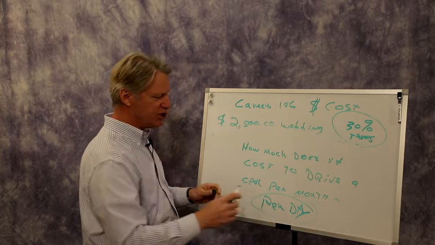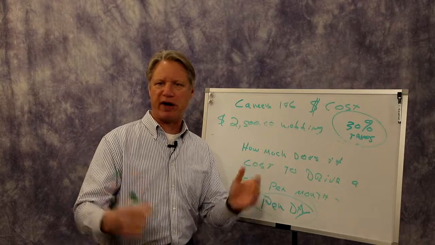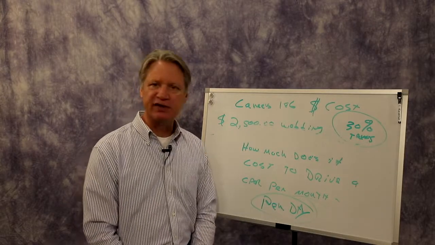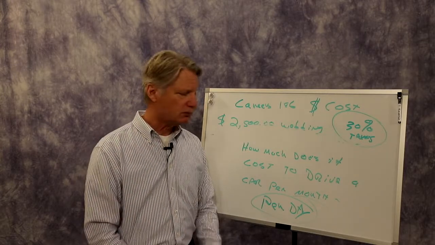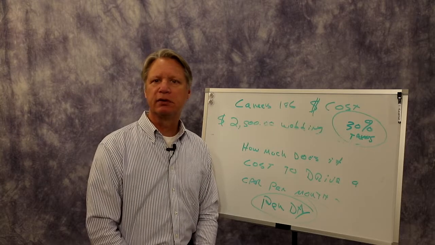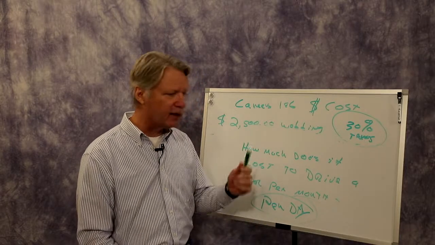So if you want to take a year's worth of expenses and divide it by 365, great. That might be the best way to do it. Or if you take a year's worth of expenses and divide it by 12 per month. So get some kind of an idea how much that really costs you to drive a car for a month, for a week, for a day.